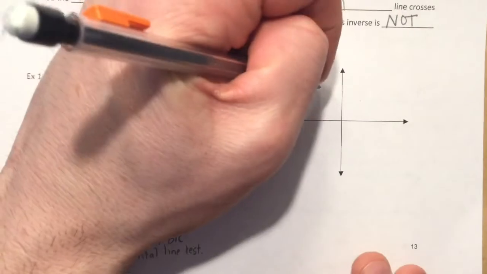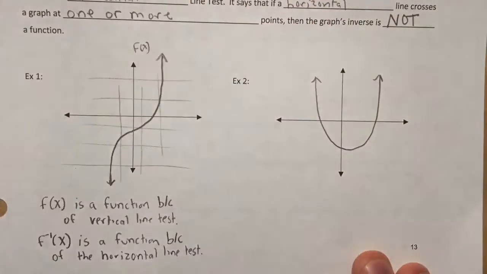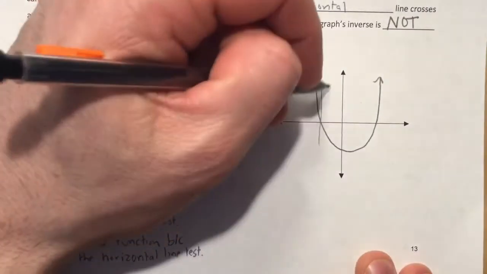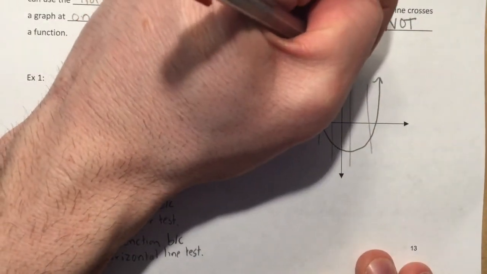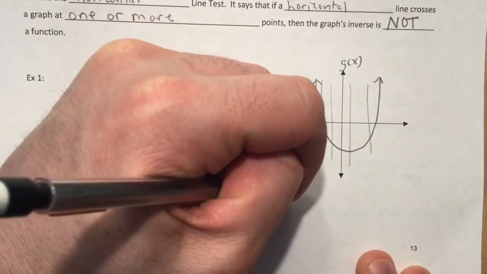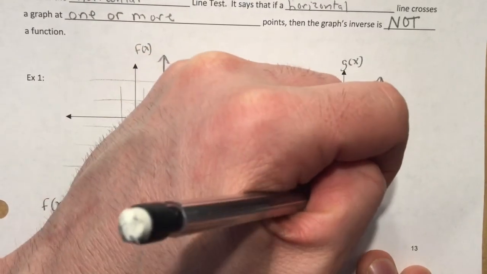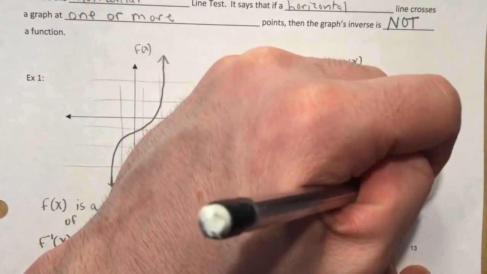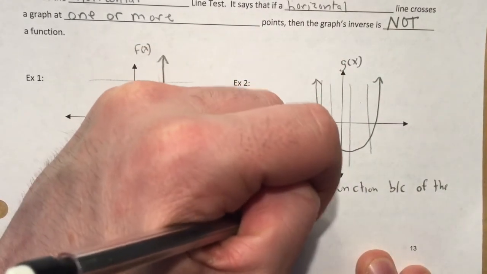Now let's say I have a parabola. If I did the vertical line test, I'll call this g of x. g of x is a function because of the vertical line test.